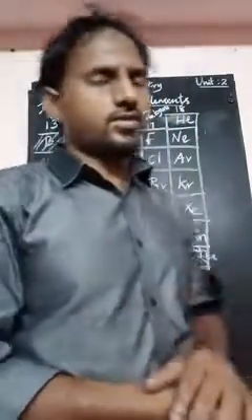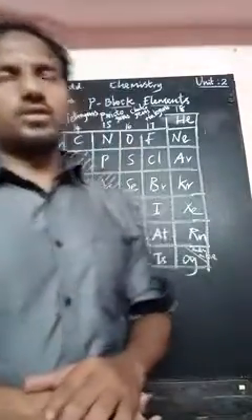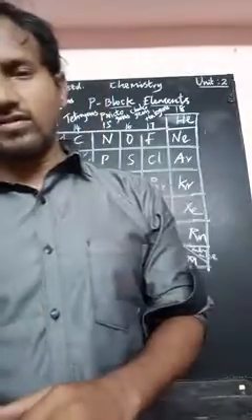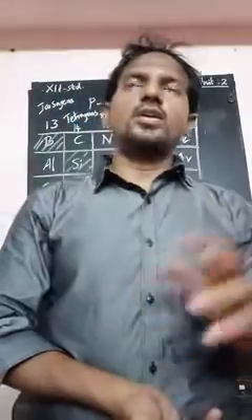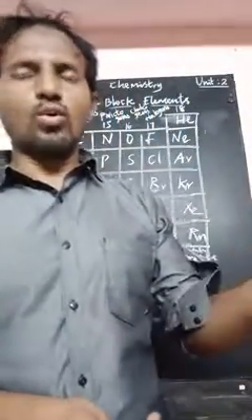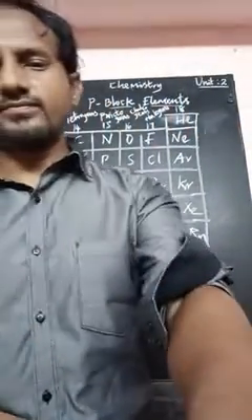Carbon is the backbone of organic chemistry, and aluminum has wide application in household utensils, cables, and antennas. Most importantly, its ore is used for the manufacture of the body of aircraft.